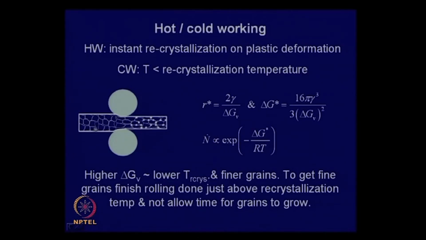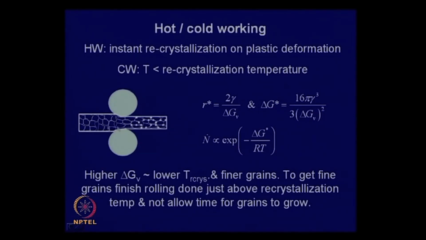So the initial bulk of this deformation of steel is given in the austenitic state, around a temperature of, let us say, 1150 degrees centigrade.